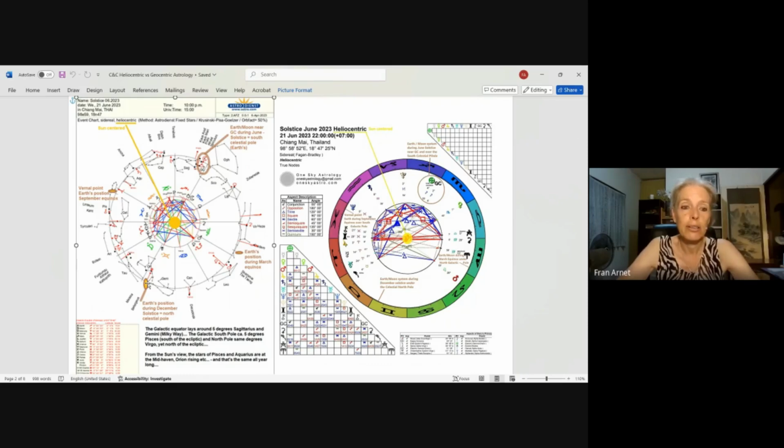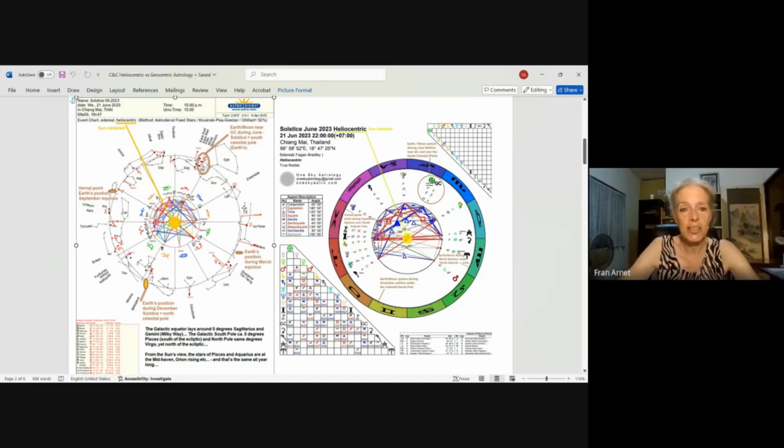They do not lie on the ecliptic. The South Pole would be down here somewhere, in the constellation Sculptor. And the North Pole would be up north here somewhere, in the constellation Coma Berenices.